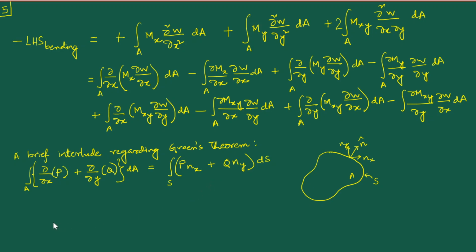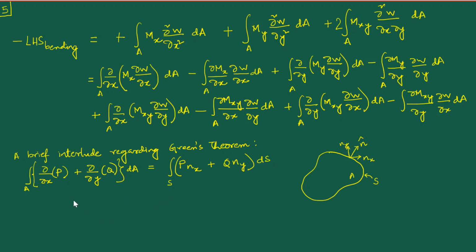Just like the Gauss divergence theorem gives us a method of going from a volume integral to an area integral, in a similar fashion, this Green's theorem gives us a method of going from the area integration to the line integration.